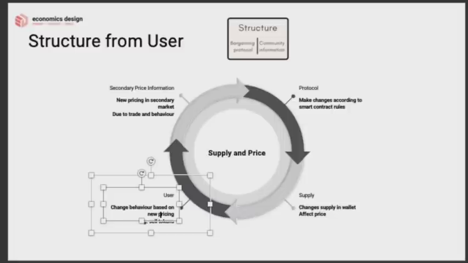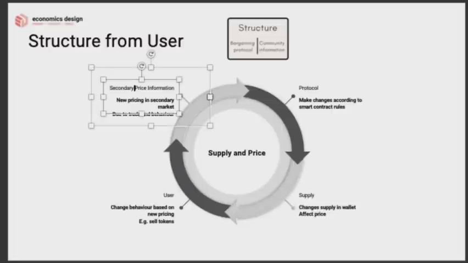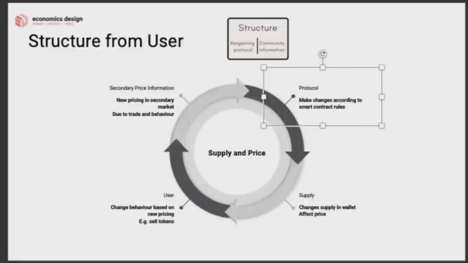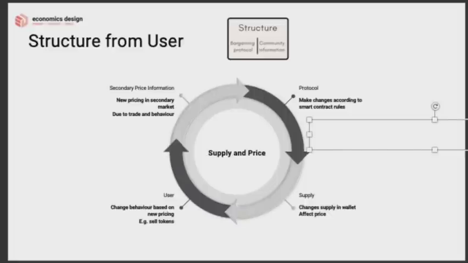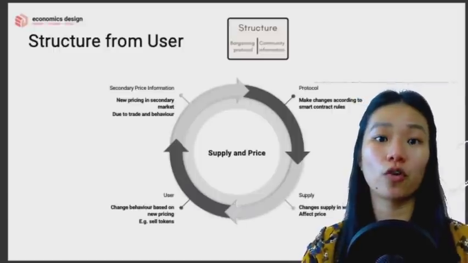So users will change their behavior, selling or buying tokens, and this will affect the secondary market. And then price information will go back to the protocol again. So this will keep going round and round until it reaches some form of stability. And stability in economics is what we call equilibrium. So ideally, we just want to look for equilibrium.